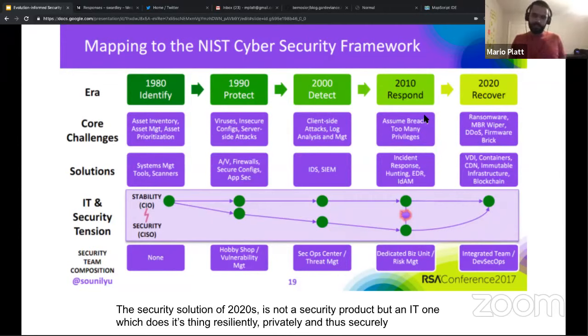Then the 2000s came along. That's when you started thinking about SIEM, correlating events, etc., and IDS, intrusion detection systems. At that point, you started getting the boom of security operations centers, people talking about managing threats, etc. Then we have the 2010s, which are the respond era.